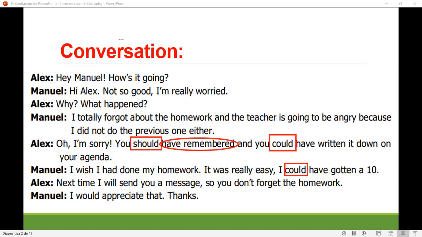Have remembered means haber recordado. Entonces, tú deberías de haber recordado. And you could have written. Tú pudiste haber escrito. So when you want to talk about regrets, we can use the past modal verbs, okay?